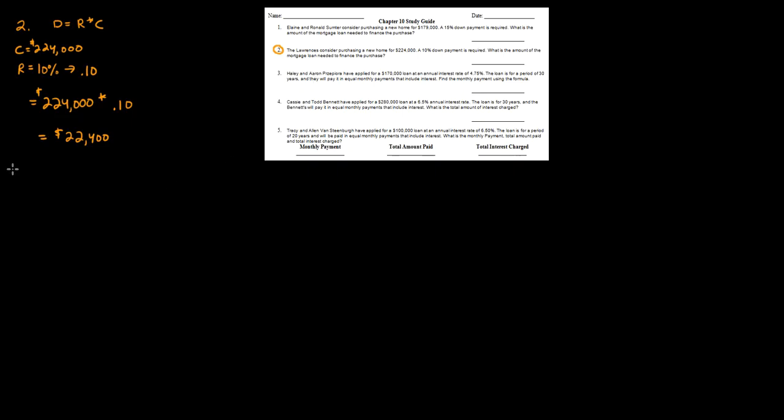So to find the loan amount, remember my P equals my C minus my D, C being the cost of the item, so $224,000 for the cost of this house, and the D being the down payment, which we just determined was $22,400. So I'll plug this into my loan amount formula, and it gets me $224,000 minus $22,400.